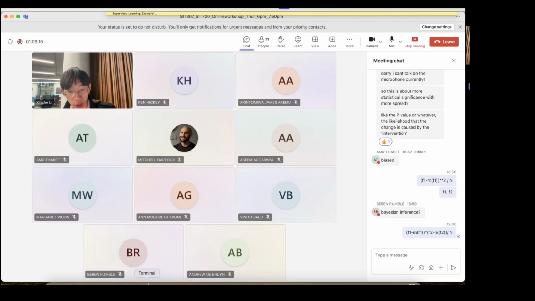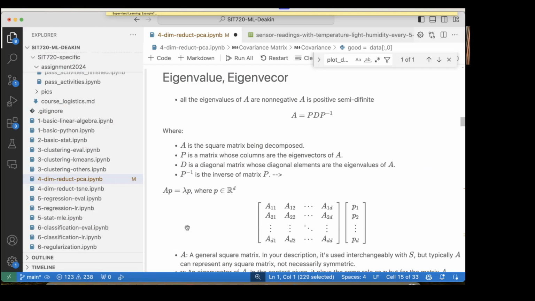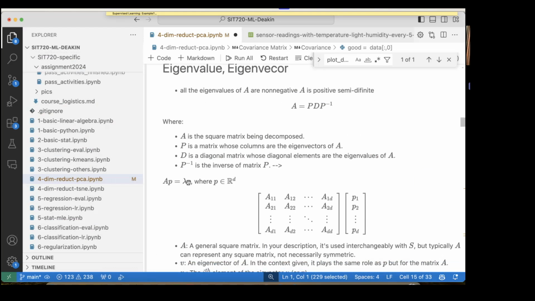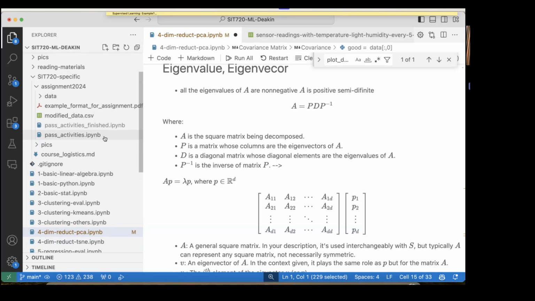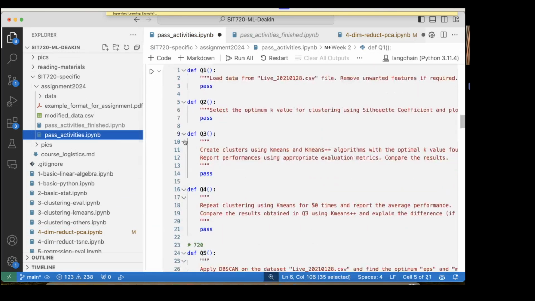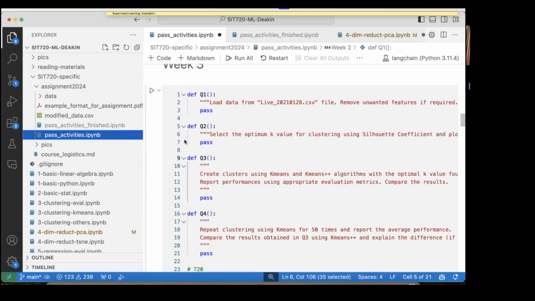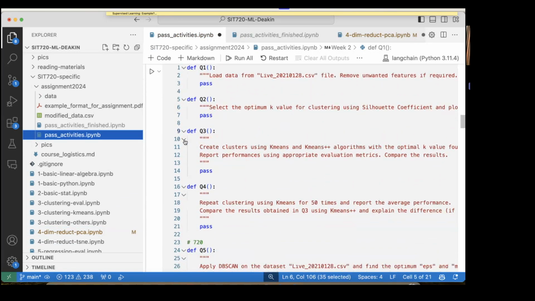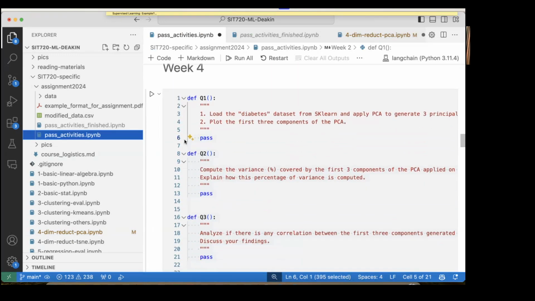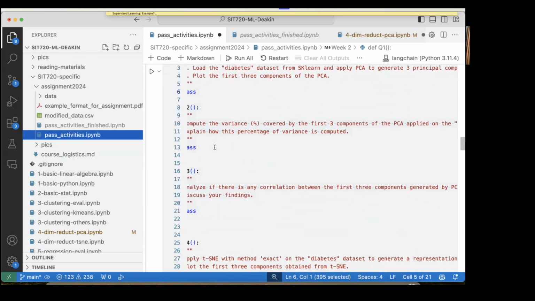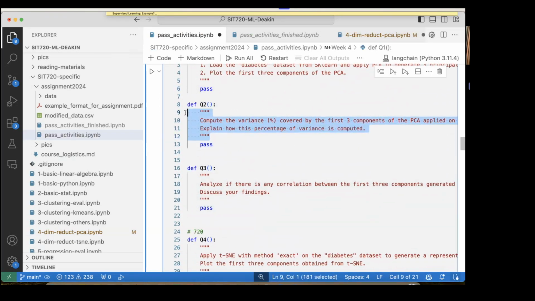I will wait for the answer for a while. What does this lambda represent? Just have a reasonable guess. And another thing is actually related to this week's past task.